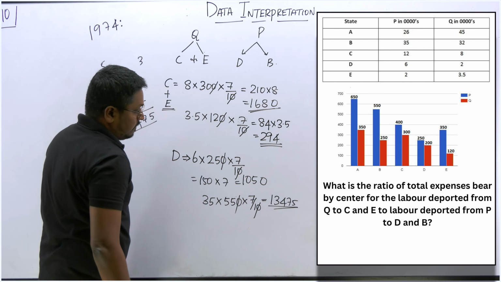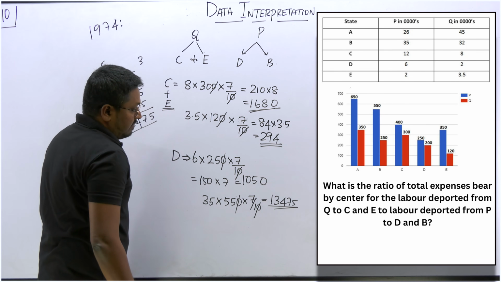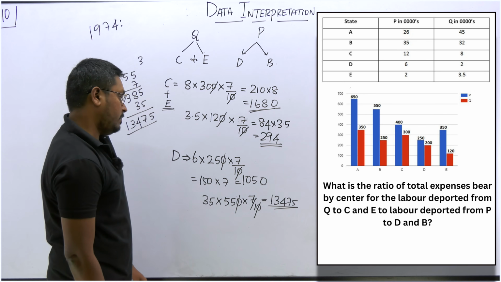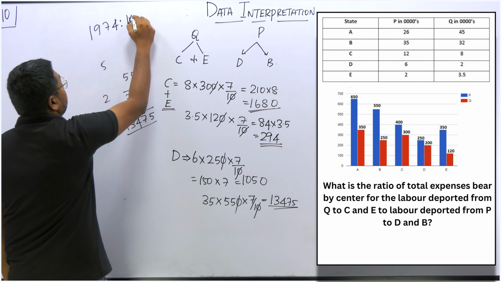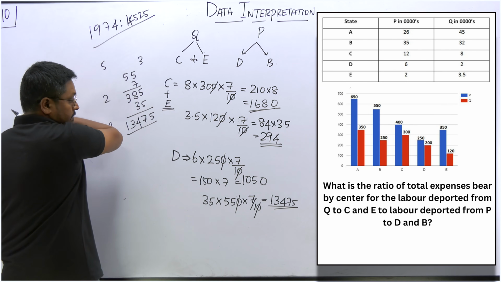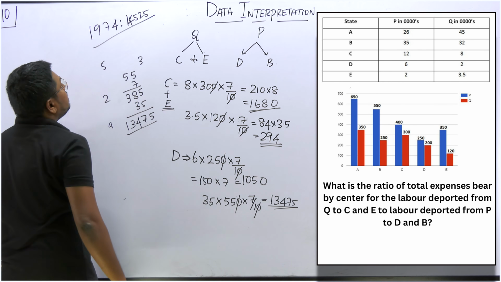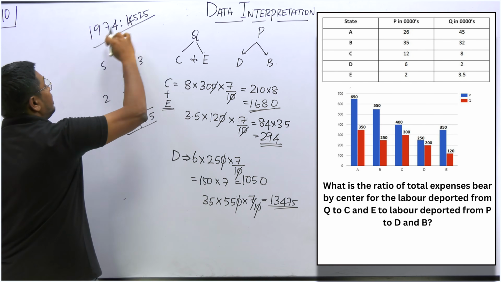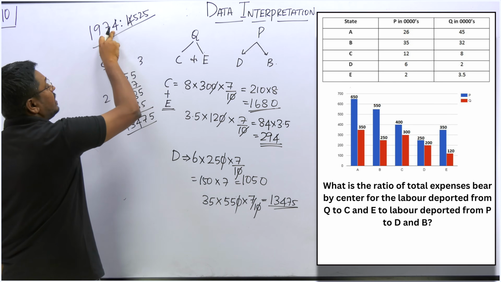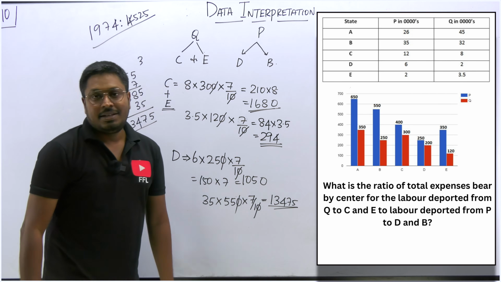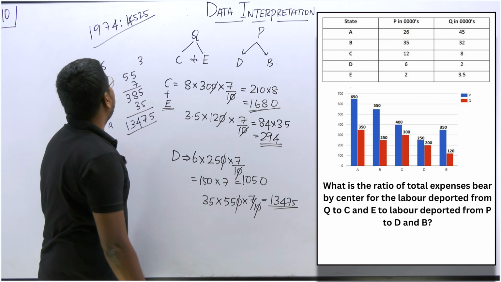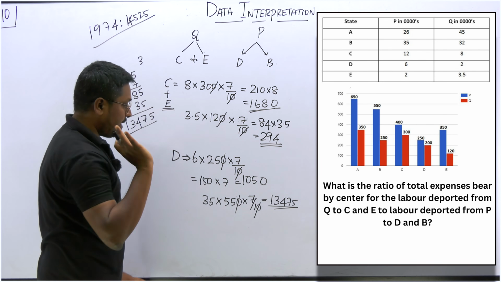So 13 and this will be 5, giving 14,525. Here it ends on 5, here it ends on 7 and 4, so definitely we can't cancel it. So the final answer will be 1974 to 14,525. Yes, I'm getting the answer, right?